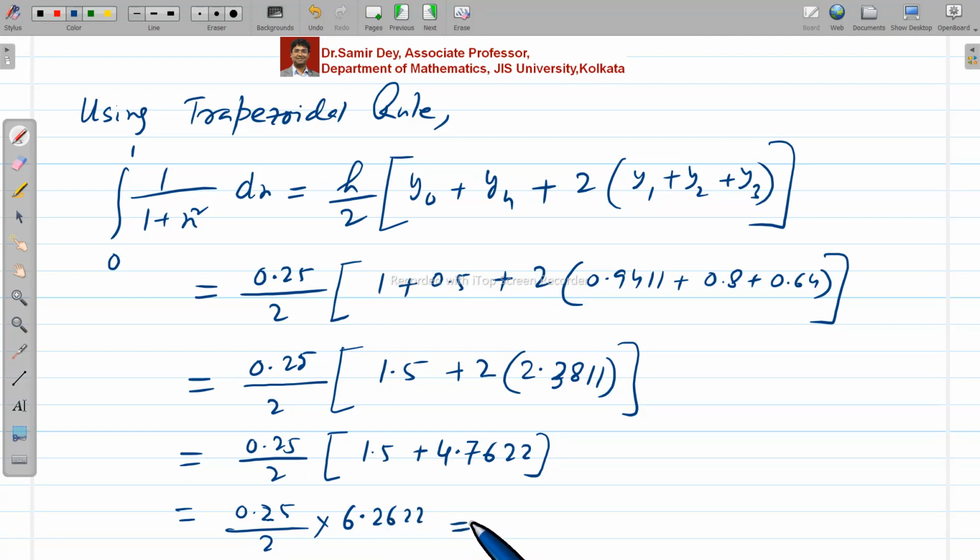So now you multiply with 0.25, whatever the result is coming, and then divide by 2, ultimately it is coming 0.782775. Please check the calculation whether it is coming or not.